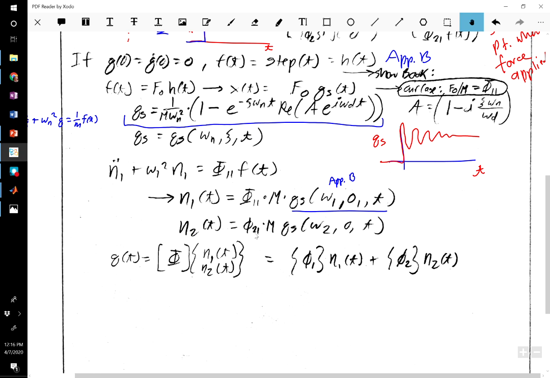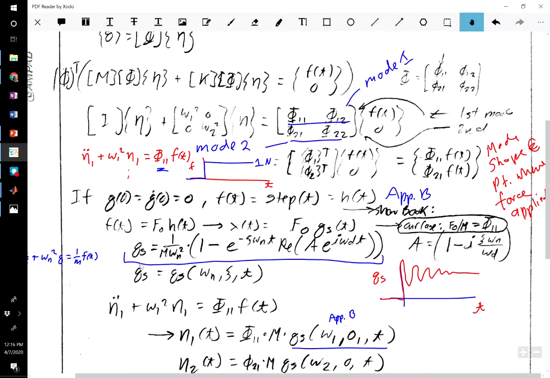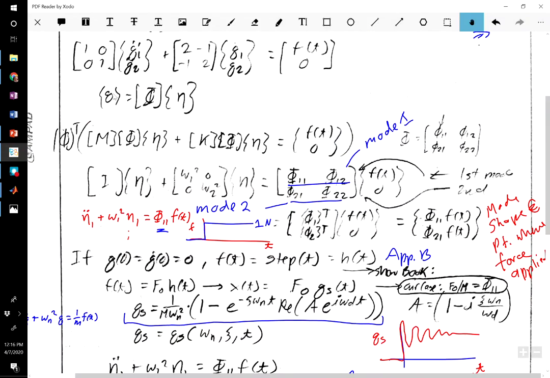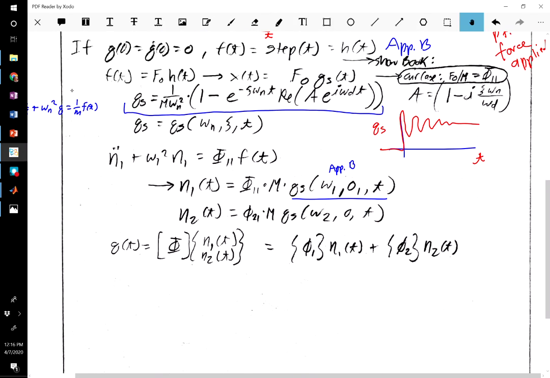The solution for mode 2 as a function of time is exactly the same, only we replace the constant out front and the natural frequency with that from mode 2. And then we have both of those responses, we can plug back into the equation that we started with up here to get the response of each of the masses.